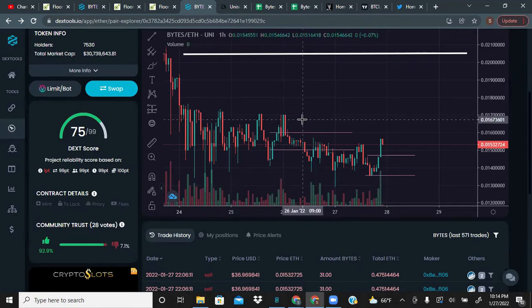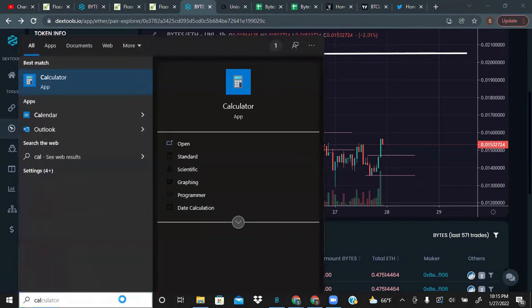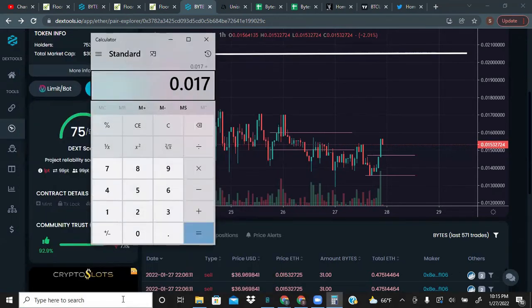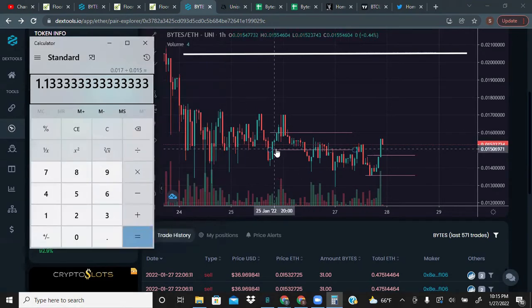So to calculate this first range, let's start with the fact that I had 500 bytes, and let's assume we're starting at the 0.015 price. If I would have just held on to these bytes at 0.015, and I held those bytes up to 0.017, let's do a calculation here. 0.017 divided by 0.015, we have a 13% gain. So if I would have just held, I would have had a 13% gain.